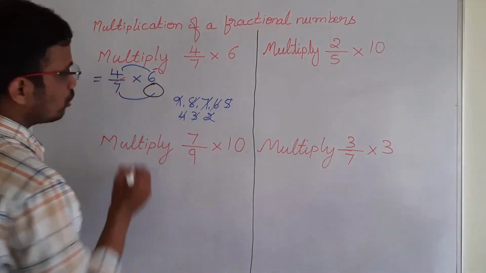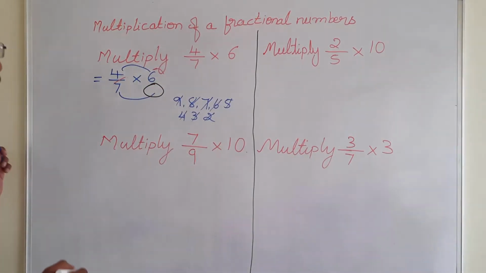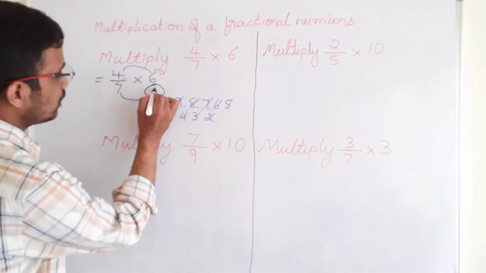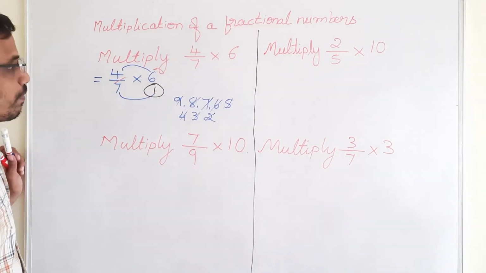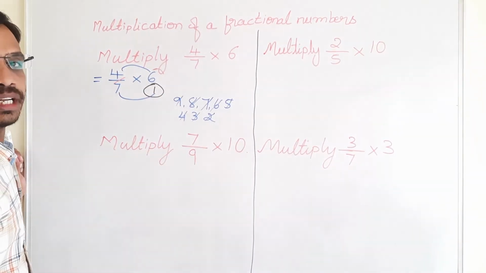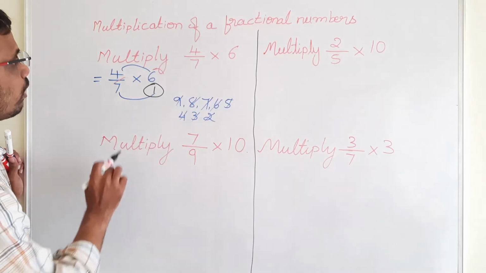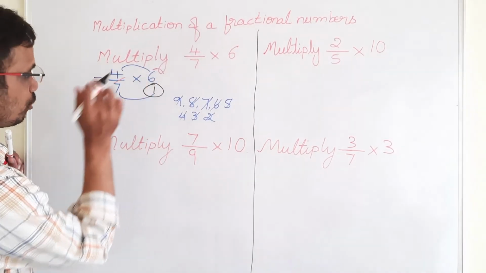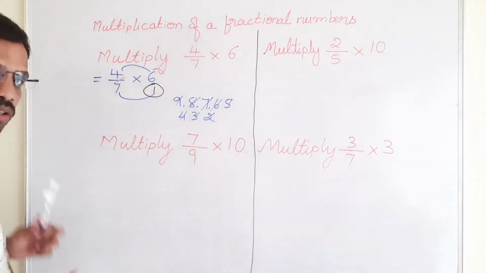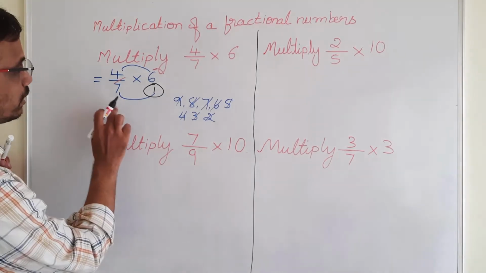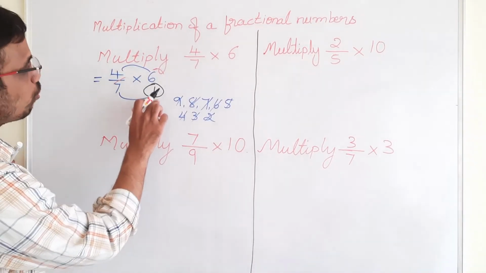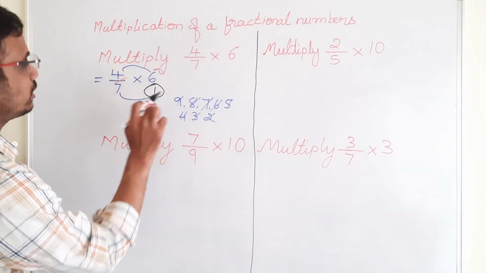When no denominator is given, we need to think that there is a denominator of 1. So now we will multiply numerator into numerator, denominator into denominator, imagining a denominator 1 below the 6.